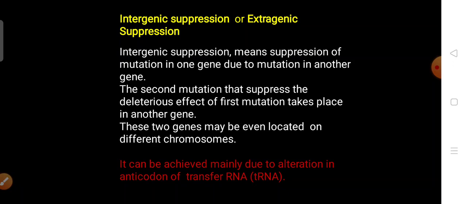Now let us discuss intergenic separation or extragenic separation. Intergenic separation is that where the suppression of the first mutation in one gene is brought about by a second mutation, also called the suppressor mutation, in another gene. That means the two mutational events take place on two different genes.